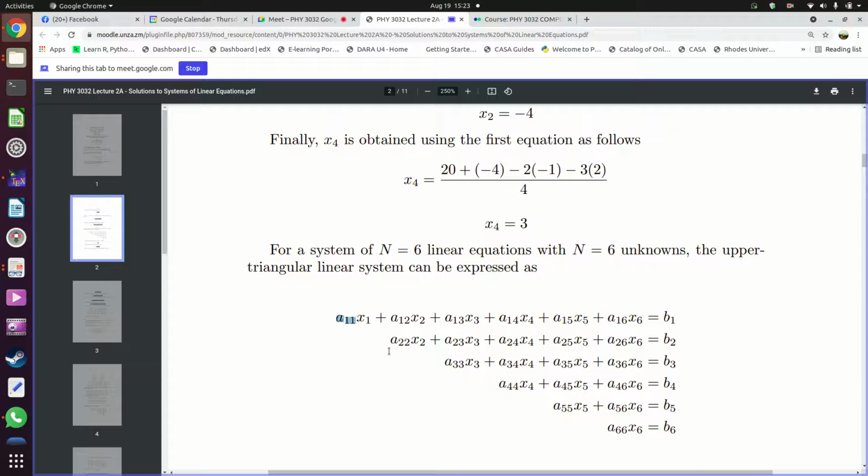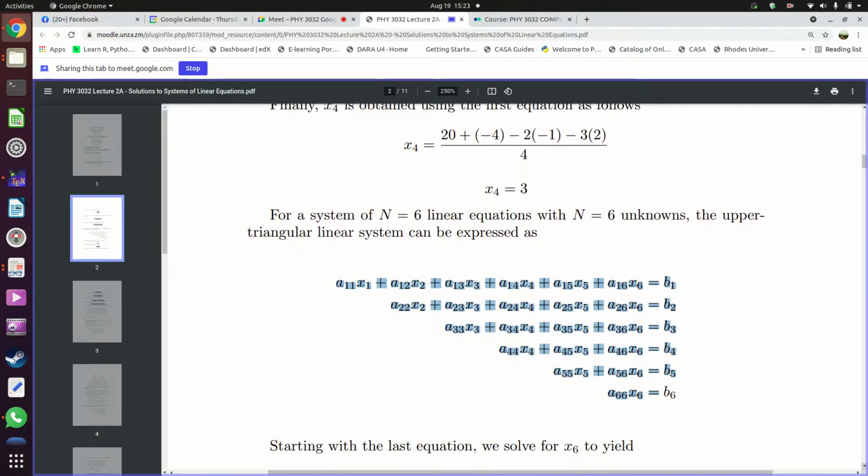For now, what we are saying is it doesn't matter whether you've got 4 unknowns or 5 unknowns. In this particular case, we have got 6 unknowns. If you've got 6 unknowns and you're talking about a linear system, then you need 6 linear equations. And for a triangular linear system, this is how it's going to look.